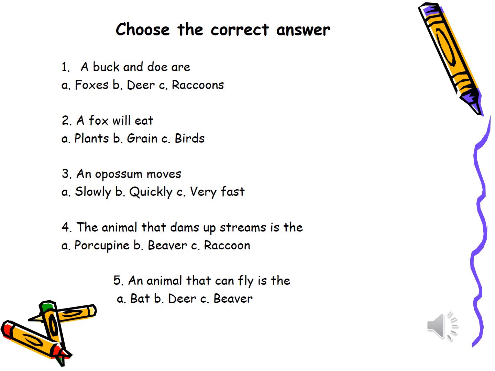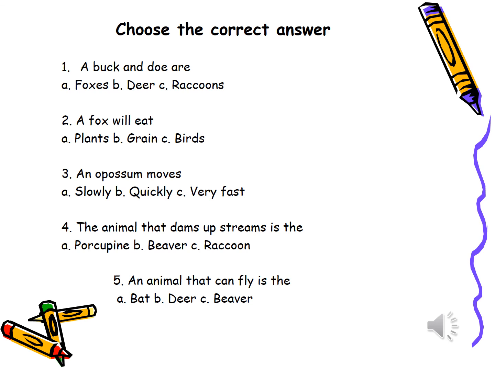Number 3, an opossum moves A, slowly, B, quickly, C, very fast. Number 4, the animal that dams up streams is the A, porcupine, B, beaver, C, raccoon.